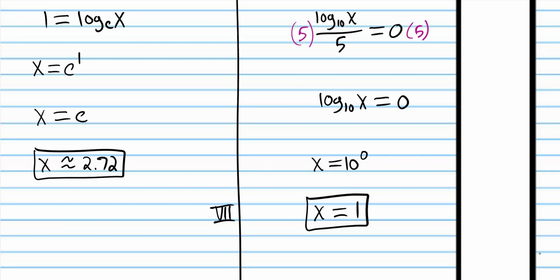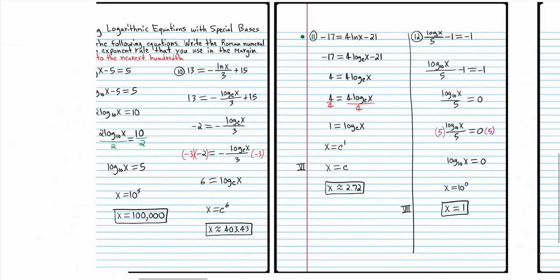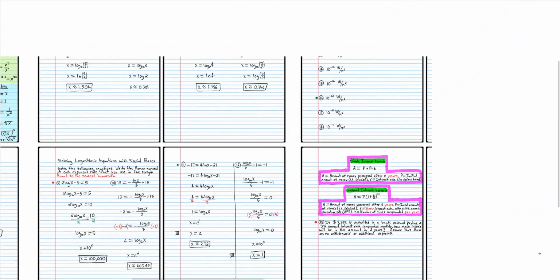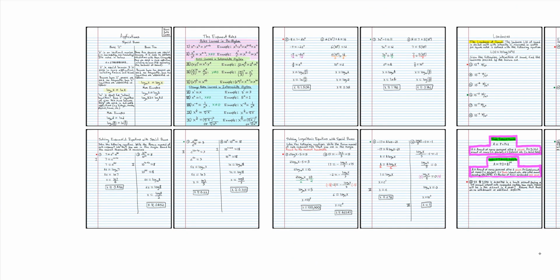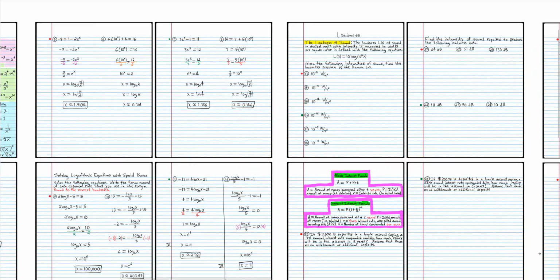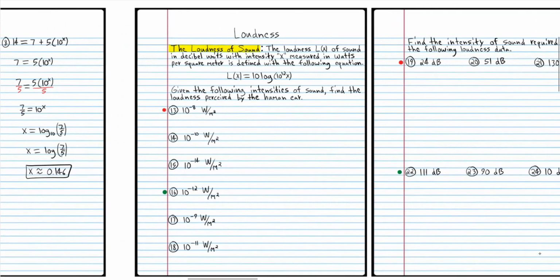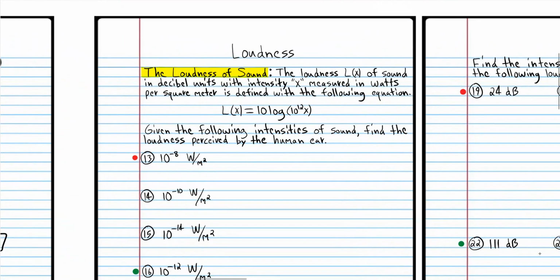Okay, we're back. Okay, so if you got that right, excellent. So we did some review with base e and base 10 expressions. Now we're going to do some applications, because base 10 and base e logarithms and exponential expressions have quite a few applications.